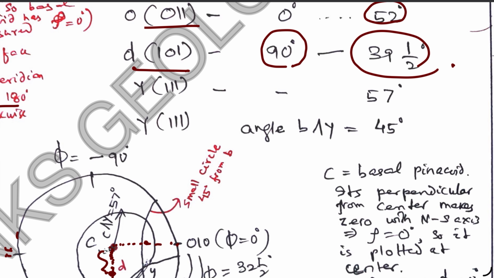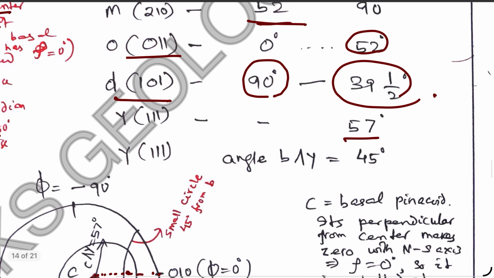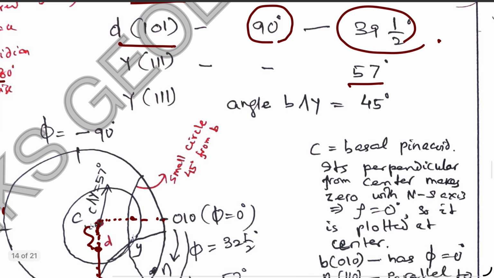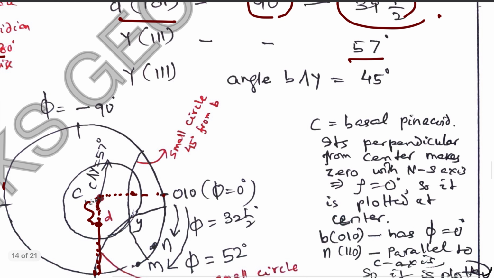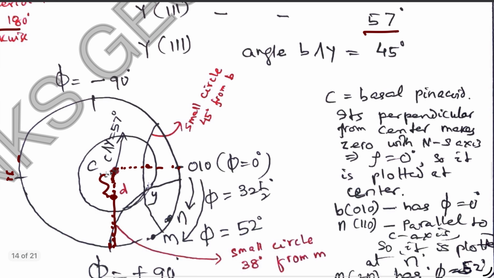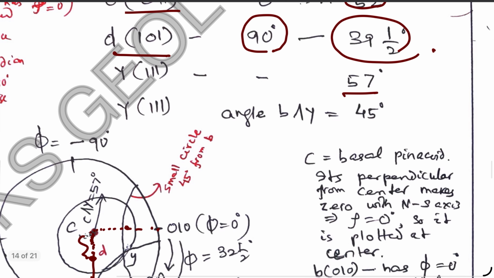Similarly, Y gives rho 57 degree. The phi angle is difficult to find out because of its location. So how can we locate the position of Y in the stereo diagram?